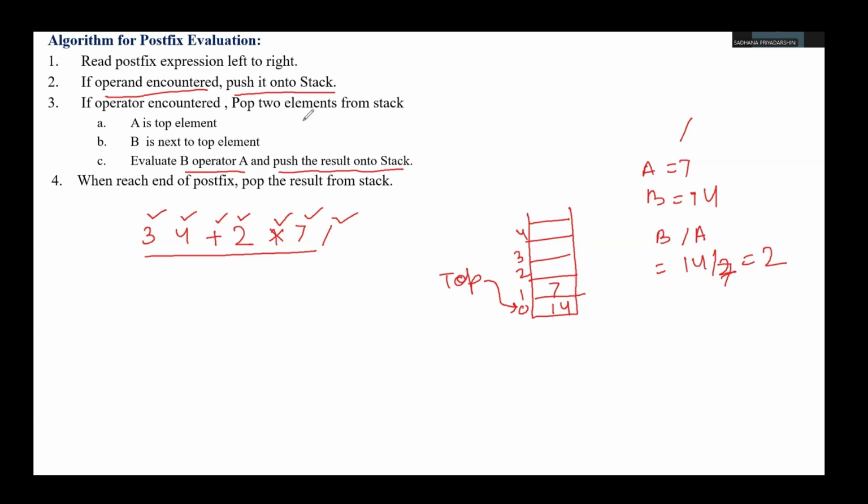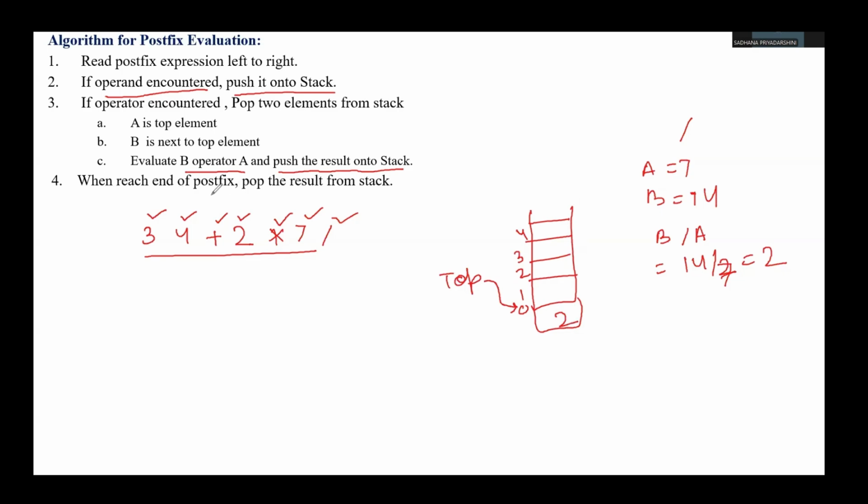This is index 0, so we store the value 2.